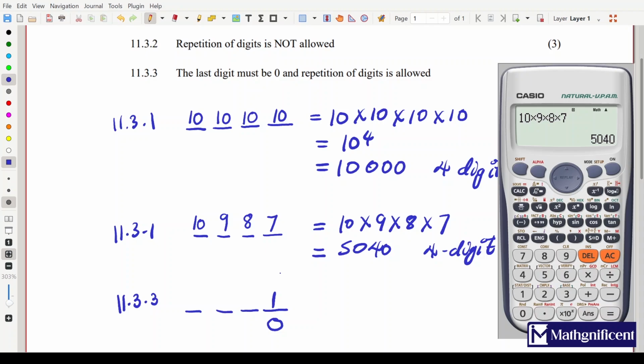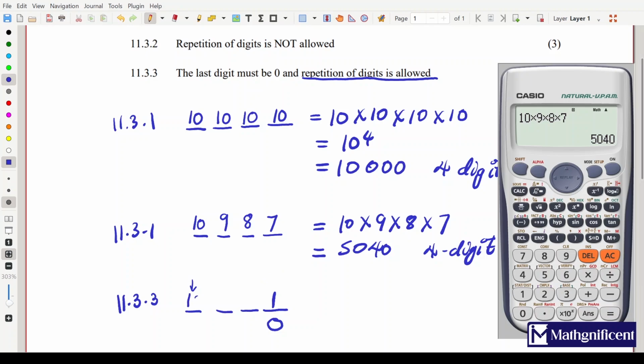Now that we have chosen the last digit, how many choices are we left with? We are still left with 10 choices, because here they said that repetition of digits is allowed. So this first spot here can still be occupied by 0, right? So we still have 10 choices.